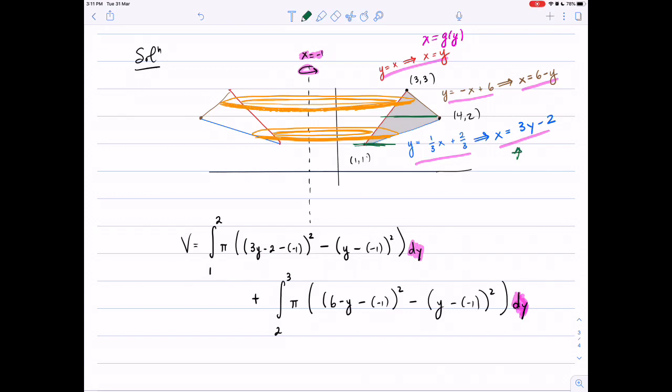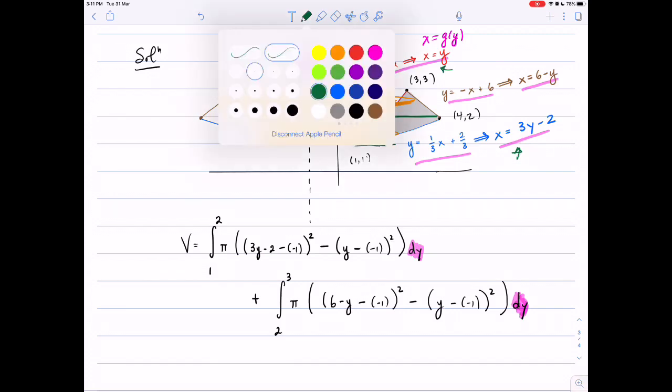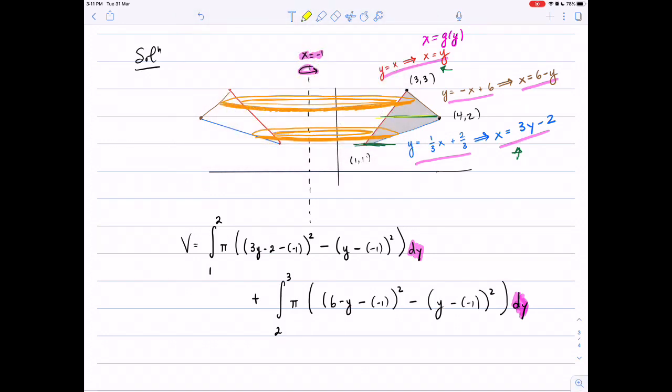The boundary curve on the left is x is equal to y. In the second part of the region, going from the same line here to the top, any rectangles in that region, when they're spun around, will have different boundary curves. They will have the brown curve on the right, and again the red curve on the left.